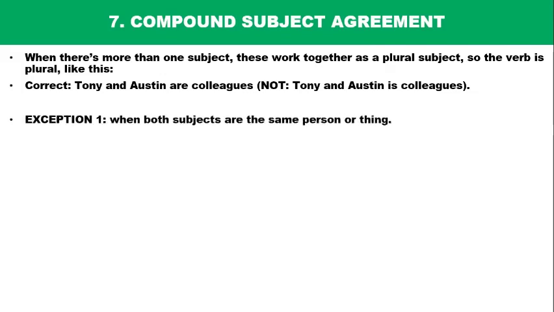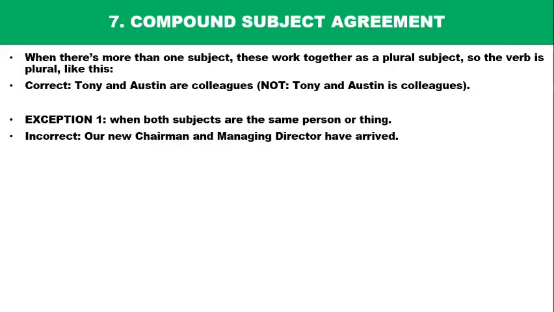There are exceptions, and we want to look at them. Now, the first exception is when both subjects are the same person or thing. For example, it is incorrect to say our new chairman and managing director have arrived because the chairman is the managing director and the managing director is the chairman.